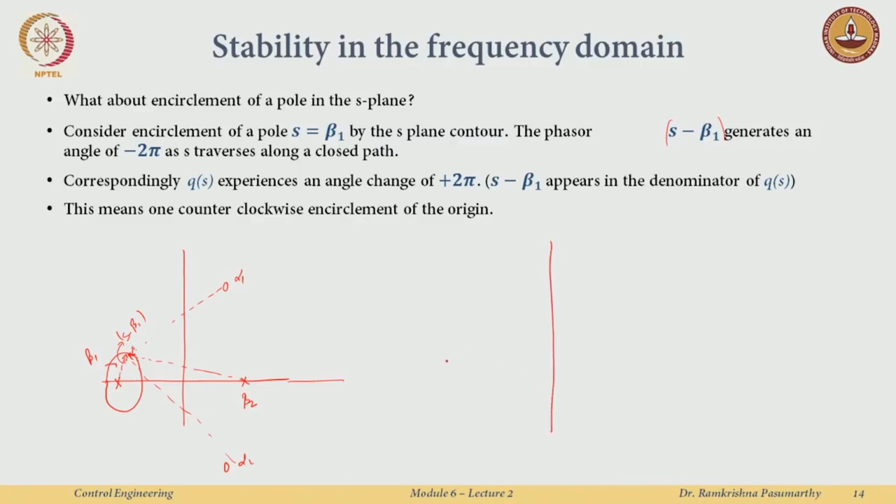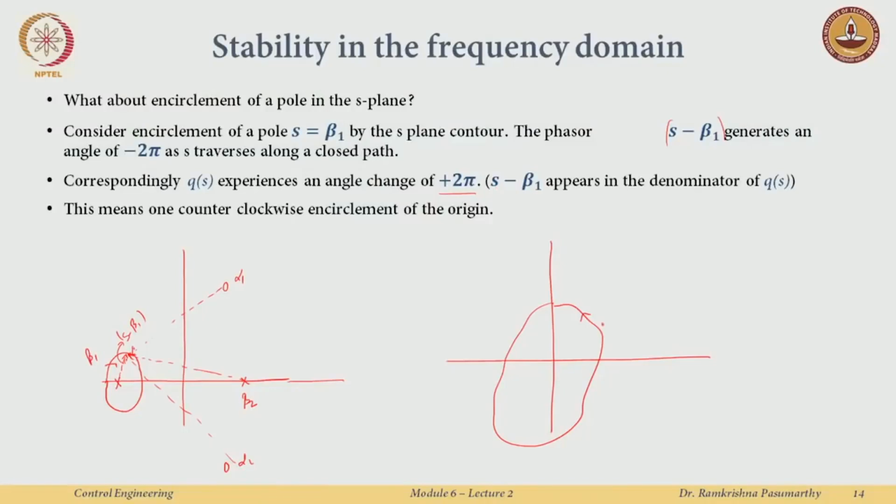Therefore, Q(S) will now have an angle change of plus 2 pi, because S minus beta 1 occurs in the denominator. It just goes up, and you see that the angle always becomes a minus when I am talking of the angle of a pole. And this means I encircle the origin once in the counterclockwise direction now.